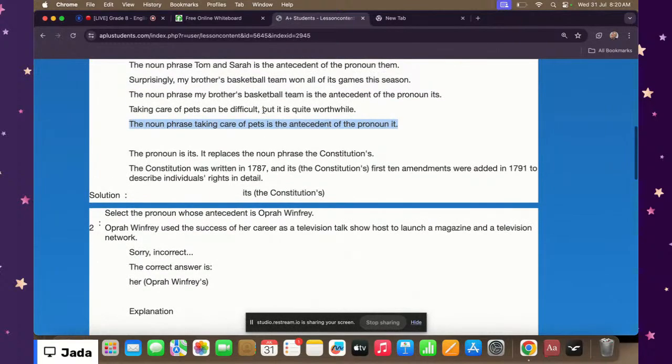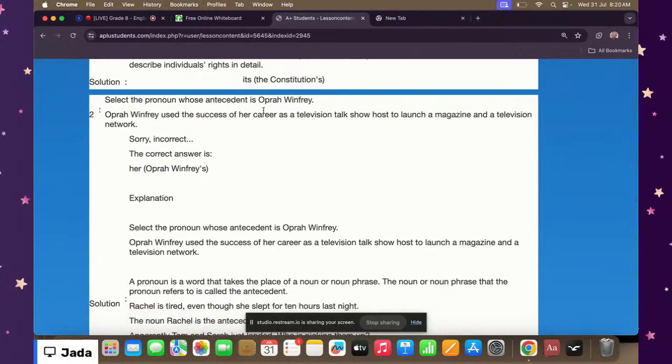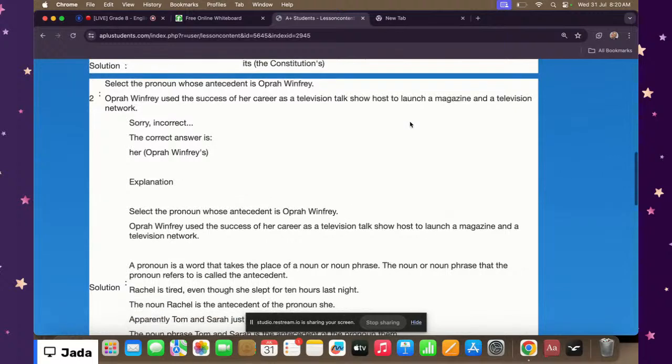So we can have a look at some examples here. Select the pronoun whose antecedent is Oprah Winfrey. Oprah Winfrey used the success of her career as a television talk show host to launch a magazine and a television network.